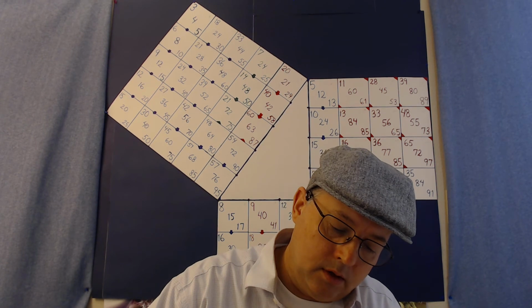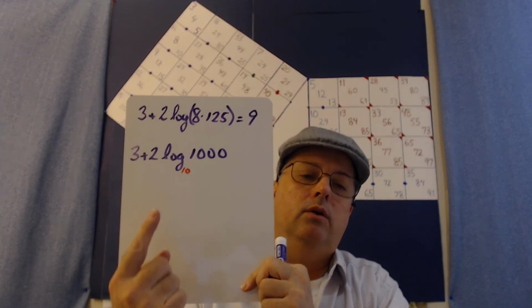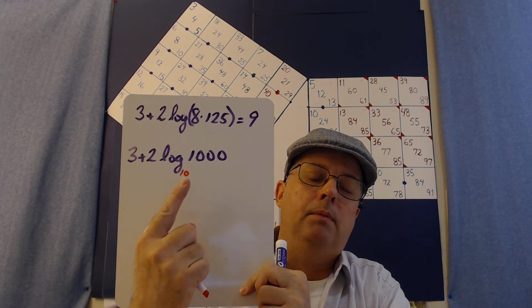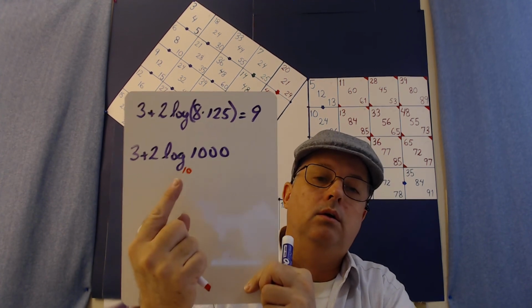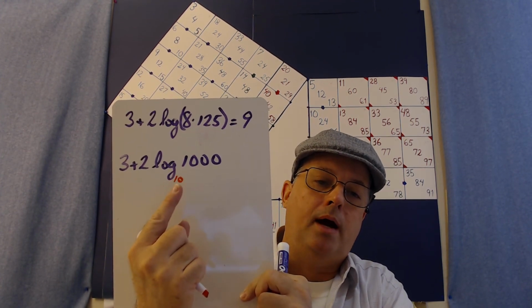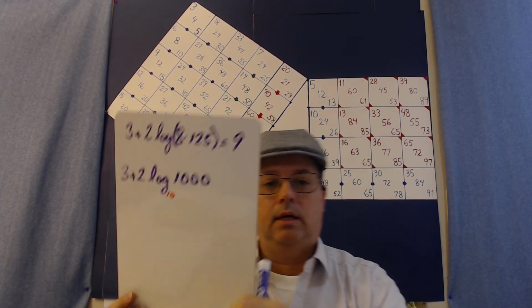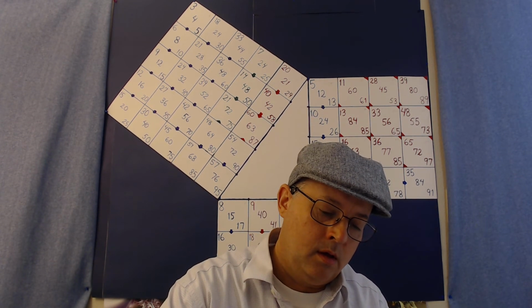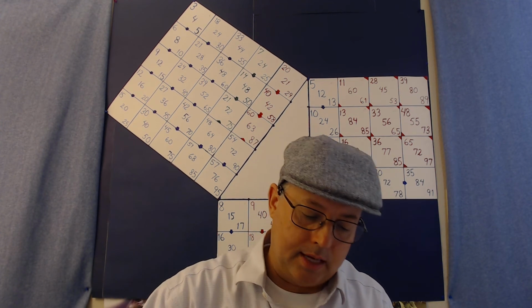Whenever the base is not written, it's because we understand it to be base 10, and so we don't need to write it. Okay, so what power of 10 is 1,000? That's how you read your logarithmic expression. And so the third power of 10 is 1,000.